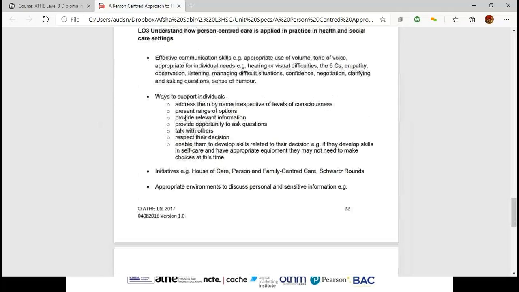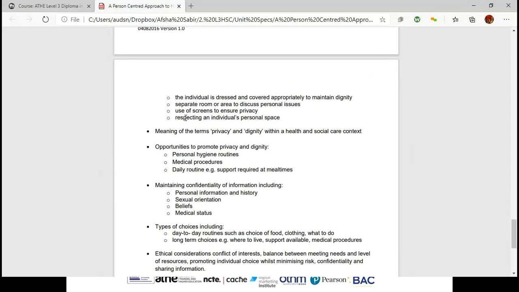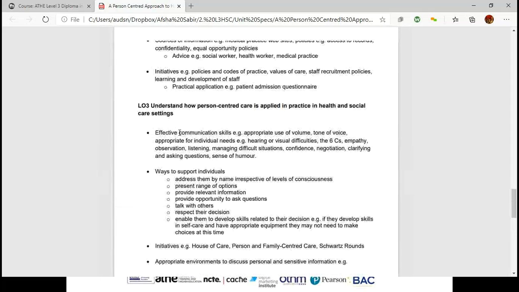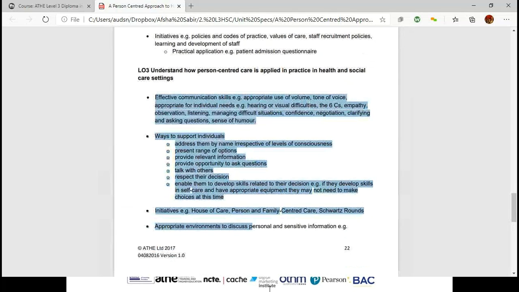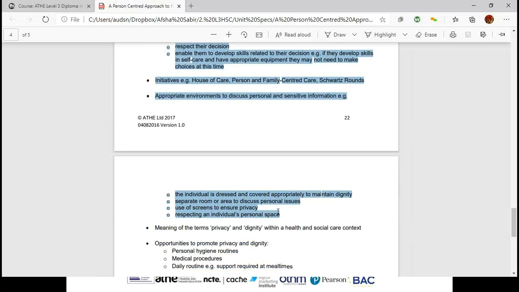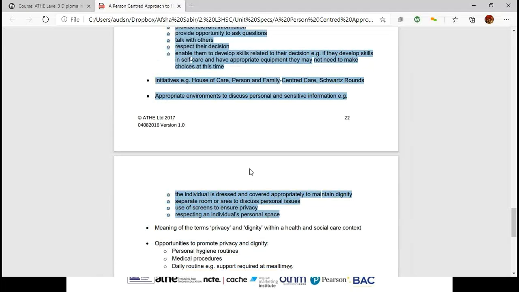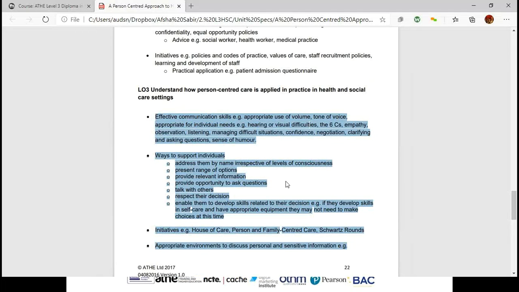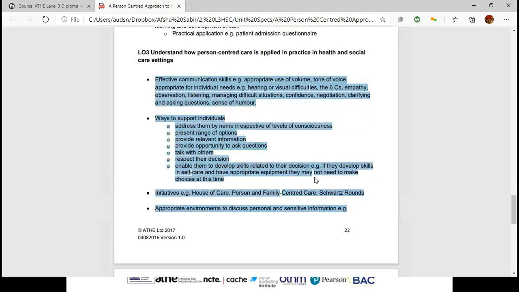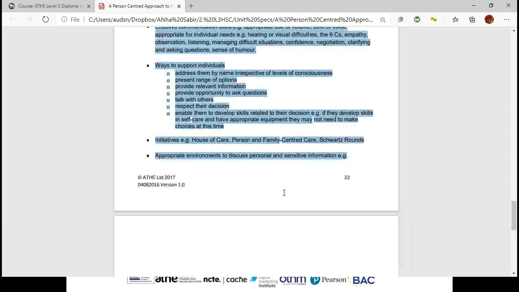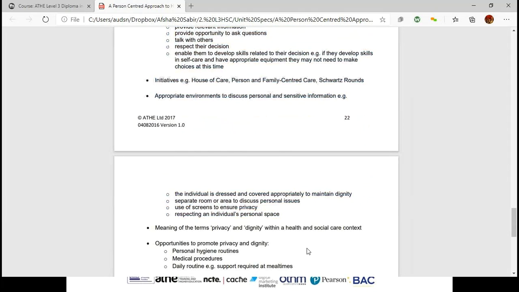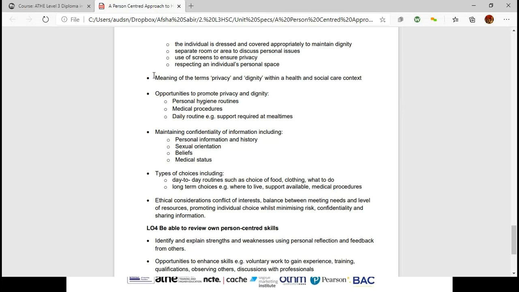So I want to show you what covers what in this. From here, coming down to here, will cover 3.1, where you're talking about the terminology, tone of voice. You mention the 6 C's briefly. Then when we go into privacy and dignity, you're going on to here.